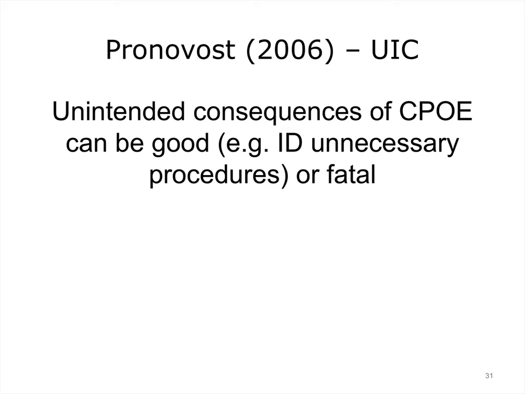Unintended consequences of CPOE can be good, such as when CPOE implementation leads us to identify unnecessary procedures, or fatal, as we see in the example of the pediatric unit. While it is impossible to predict every consequence, thoughtful consideration of probable effects, inclusion of all staff who are affected, and their input into the decision-making process, and implementation which has procedures in place for feedback with time for correction are important in planning.